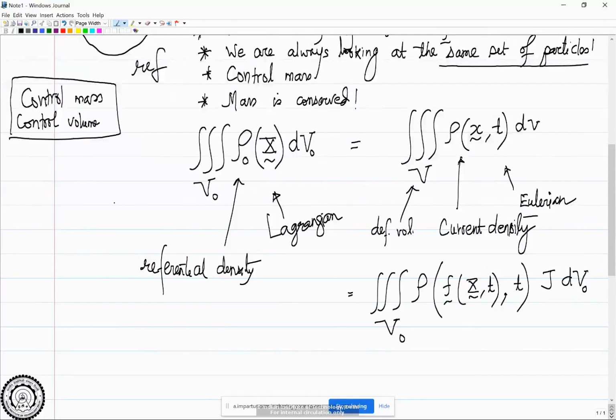Yes, sir. Right, so I have simply changed the domain from V to V naught. And this J here is the determinant of F, the deformation gradient tensor. And J is going to be a function of X, big X, as well as time T.